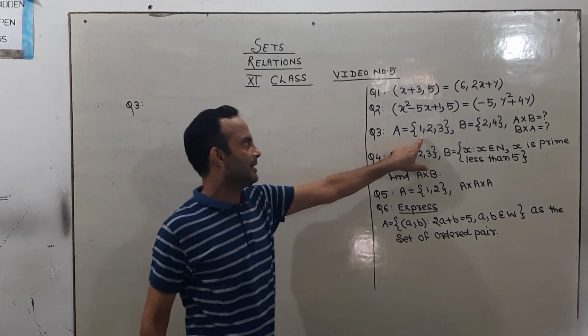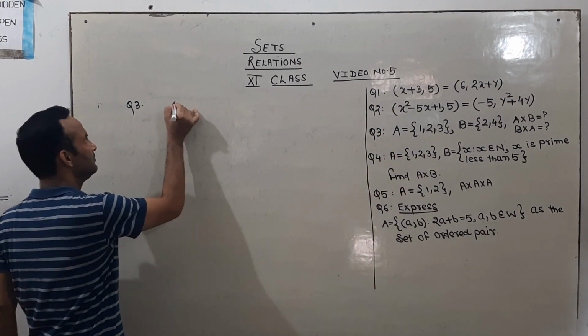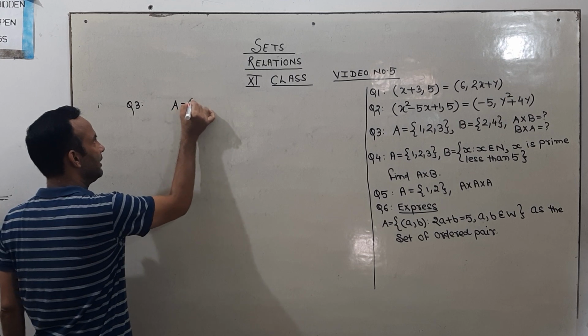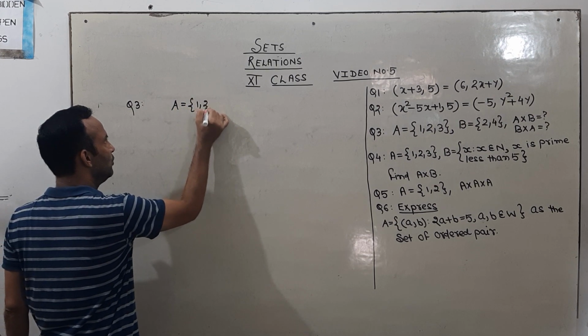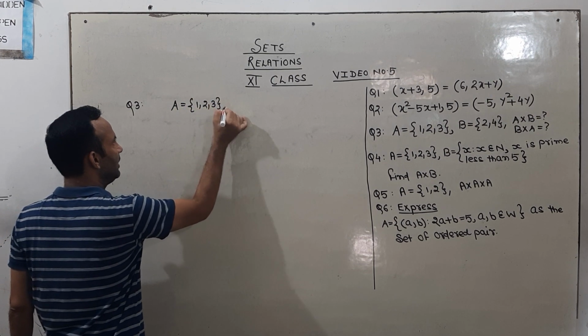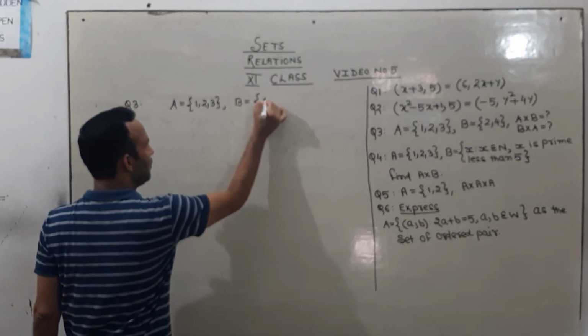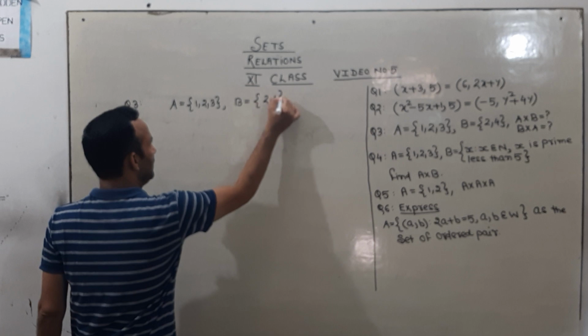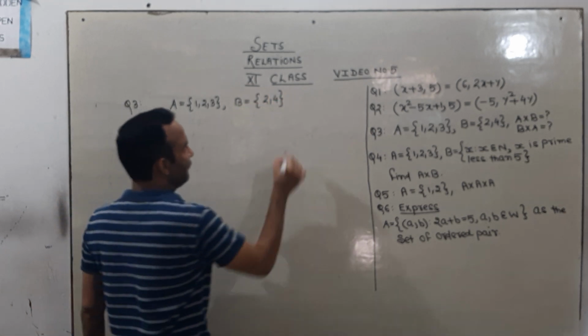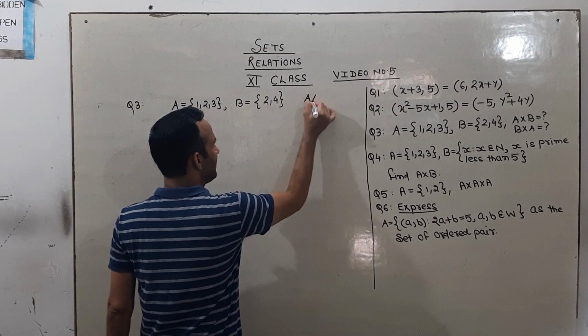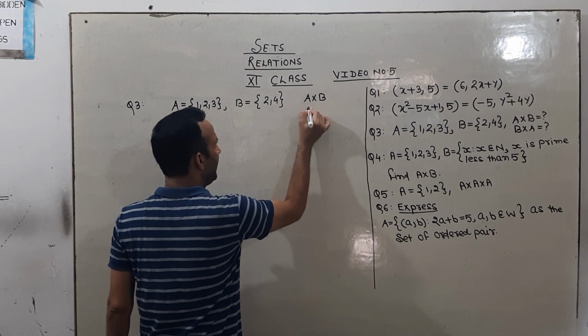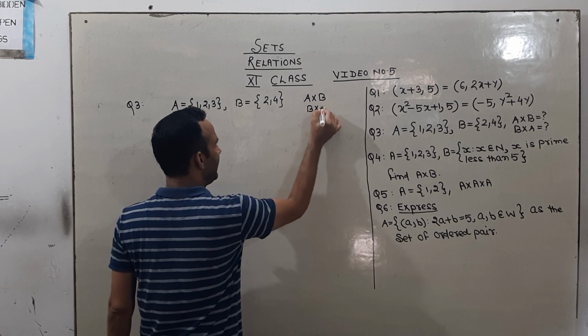The set A is 1, 2, 3. And the set B is what? 2, 4. In this problem, we have to find the Cartesian product between A and B and the Cartesian product between B and A.